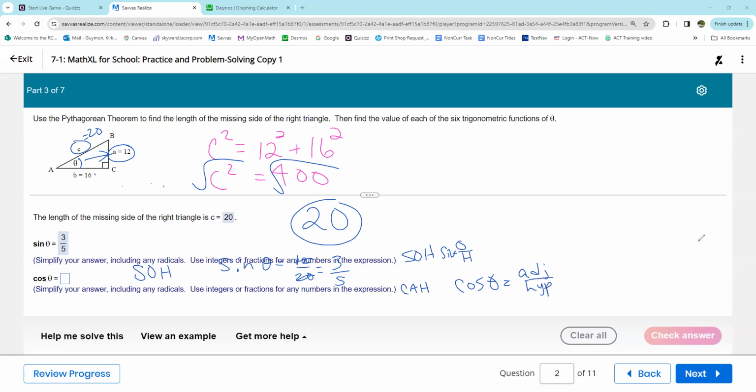So the adjacent side next to the angle, touching it, is 16 over the 20 hypotenuse. 4 divided into each of those evenly would be 4/5. So let's put a 4/5 in for the cosine of that angle, and we should be good to go there.